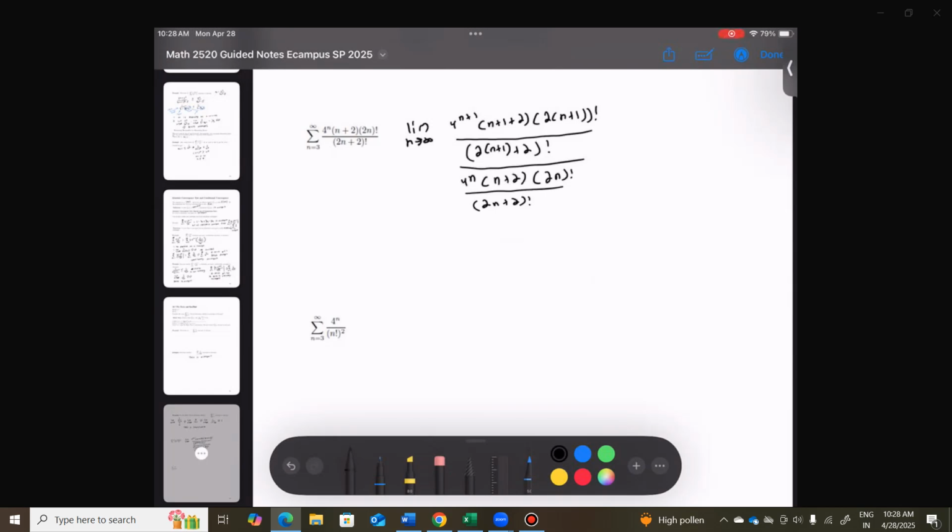Alright, so let's write this out with the factorials. So limit as n goes to infinity, 4 to the n times 4, I'm going to write it like that, n plus 3.